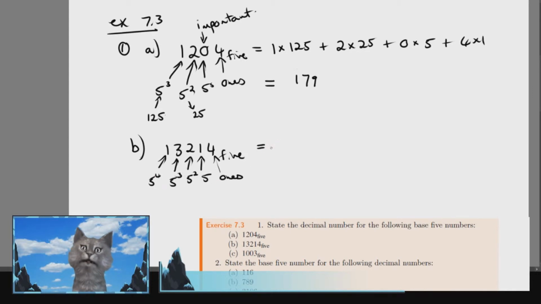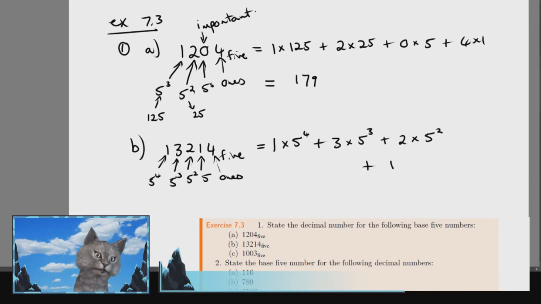Whether you write the powers of 5 or their actual values doesn't matter. One group of 5 to the 4 plus 3 groups of 5 cubed plus 2 groups of 5 squared plus 1 group of 5 plus 4 singles.